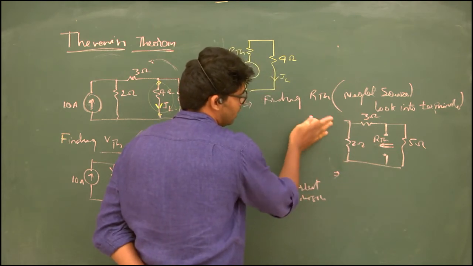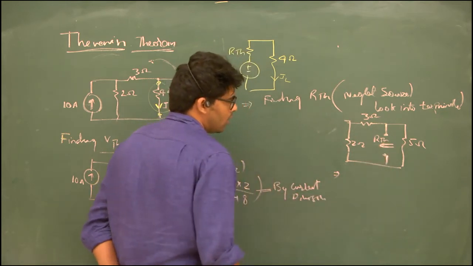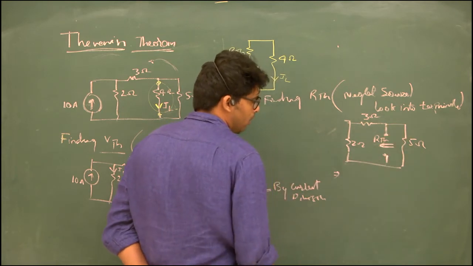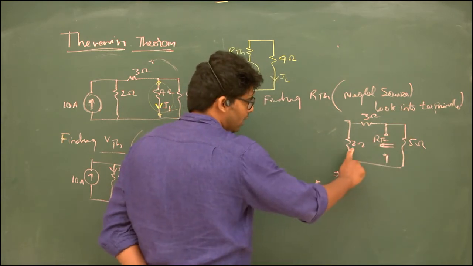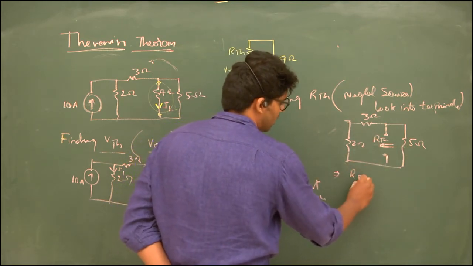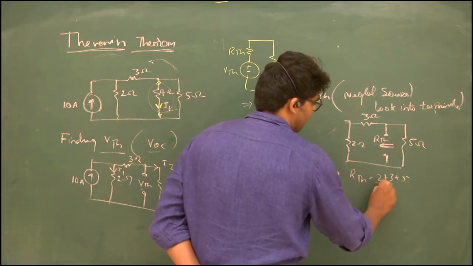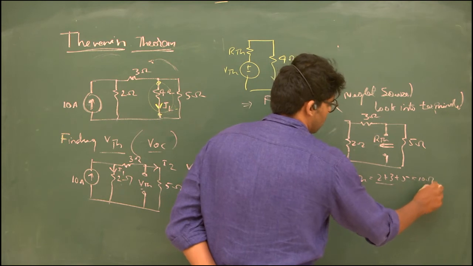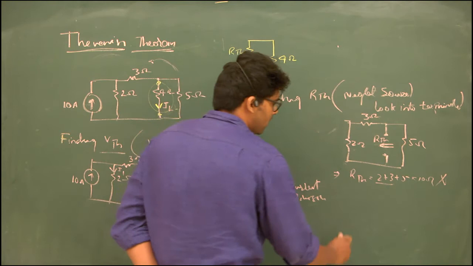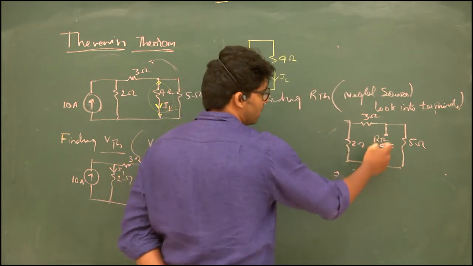Now we have to find RThevenin, seen at this terminal. Many students will think that 2 ohm, 3 ohm, 5 ohm are in series, therefore 2 plus 3 plus 5, so that is 5 plus 5, that is 10 ohm. So this is the wrong method. Okay. Why I am saying it is wrong is that you are assuming the same current is flowing.